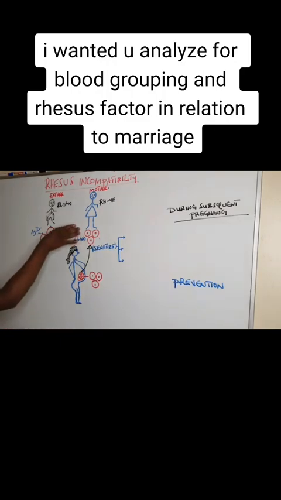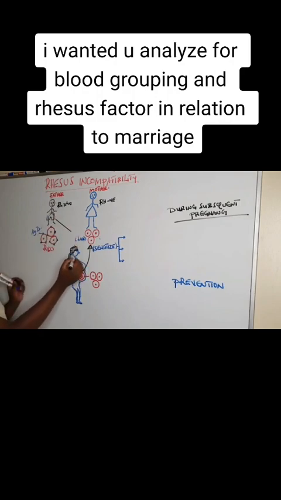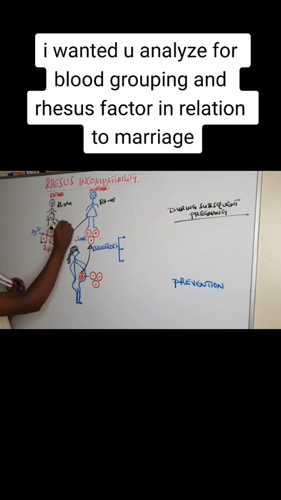So when these two get married, when this Rhesus positive father marries this Rhesus negative lady, the child or the fetus will end up either positive or negative.